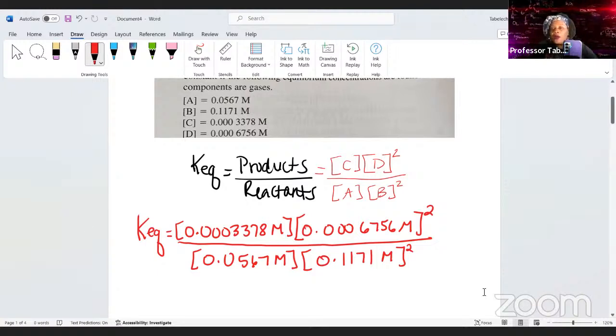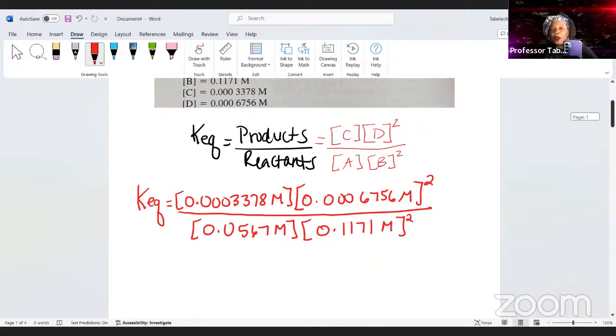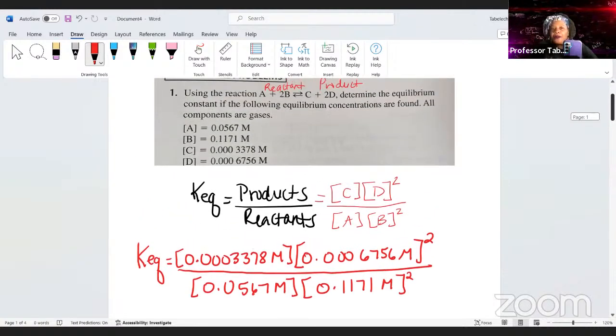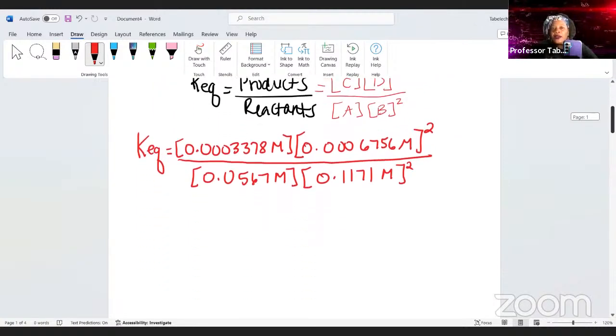Okay, now I'm going to get the value for the product side, and I'm going to get the bottom numbers as well. So for my KEQ, first I'm going to square this value here, the 0.0006756.